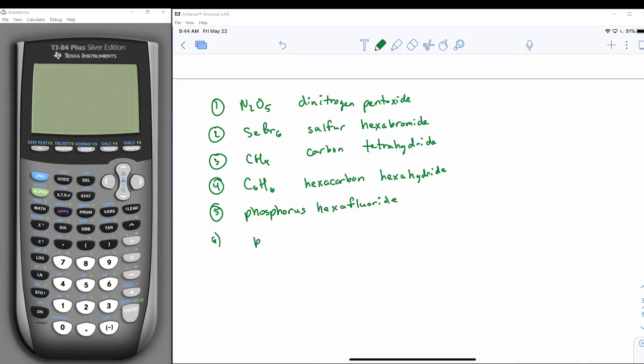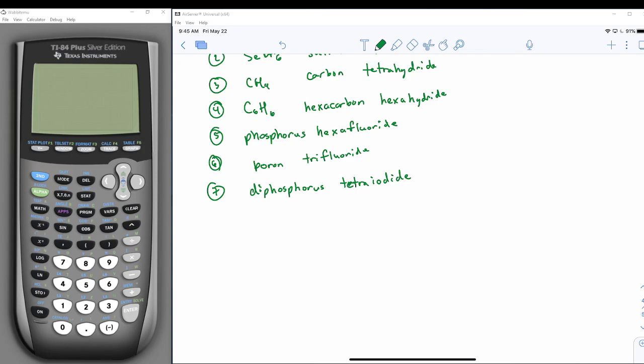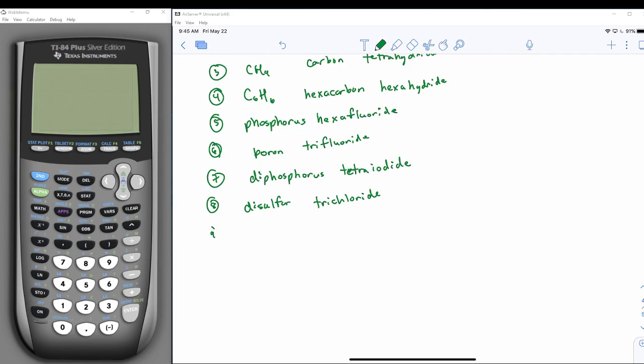6, boron trifluoride. 7, diphosphorus tetraiodide. 8, disulfur trichloride. 9, nitrogen.